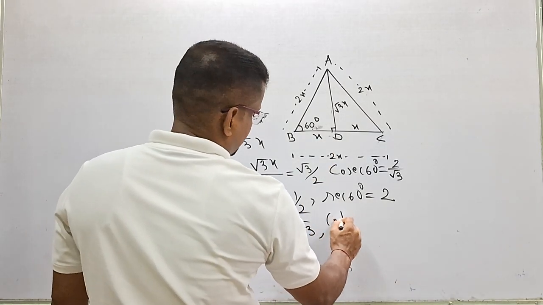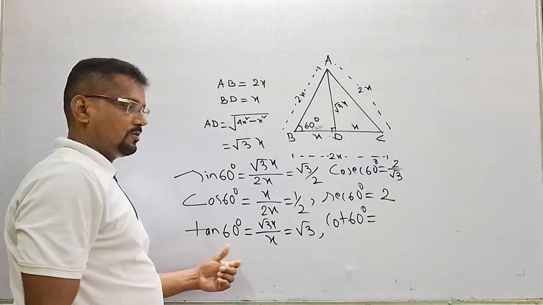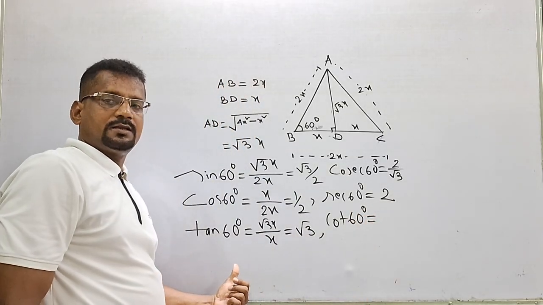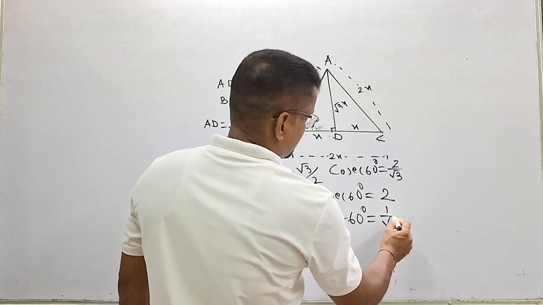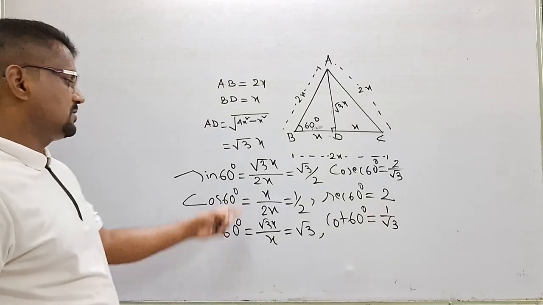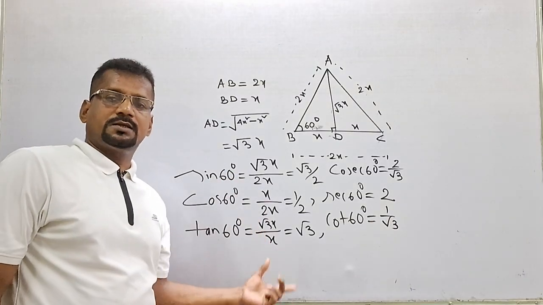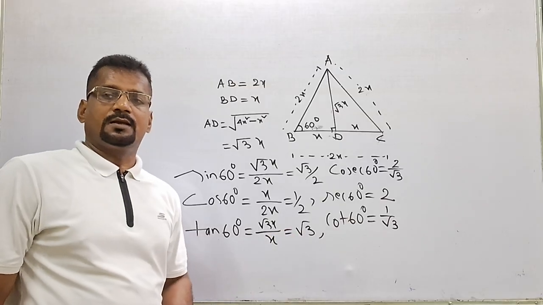And from here directly you can write cot 60 degree. Cot theta is reciprocal of tan theta. So tan 60 is root 3, cot 60 is 1 by root 3. So this is all about all the 6 ratios you have written for 60 degree angle.